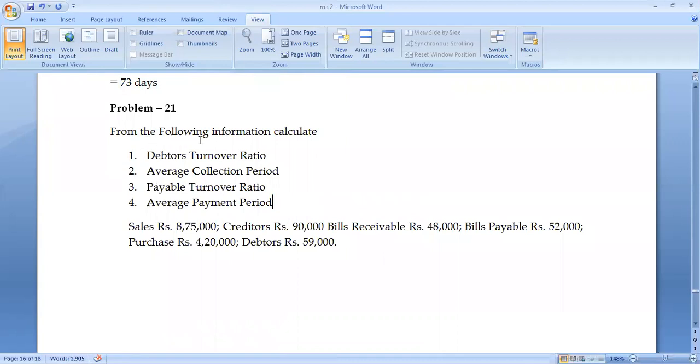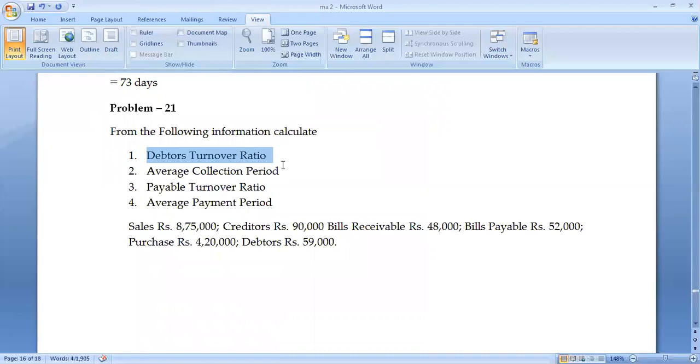Okay, so from the following information calculate debtors turnover ratio, average collection period, payable turnover ratio and average payment period. Listen, whenever there is a debtors turnover ratio, only two pieces of information are given: receivables, opening and closing, along with the credit sales.